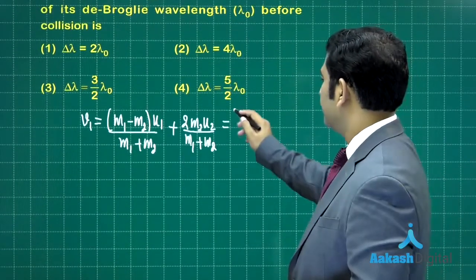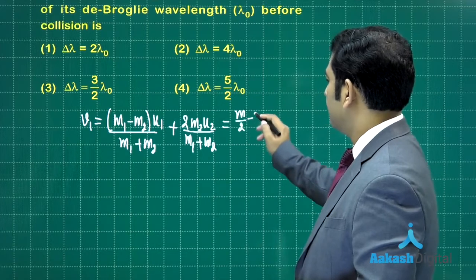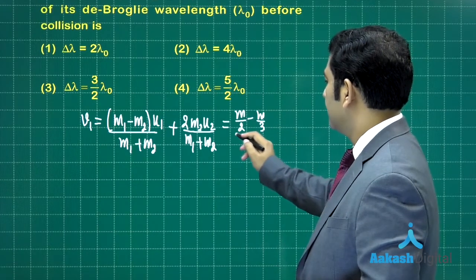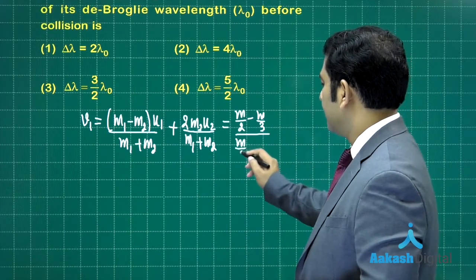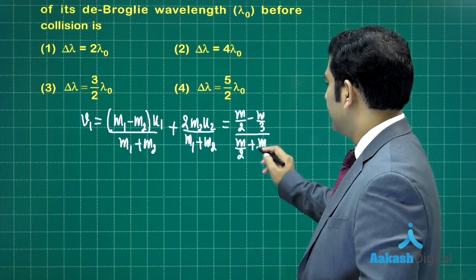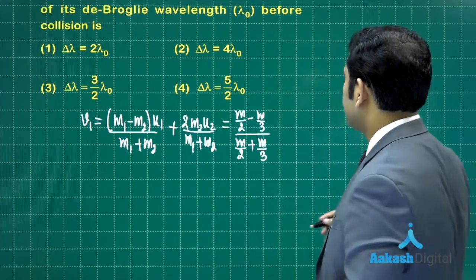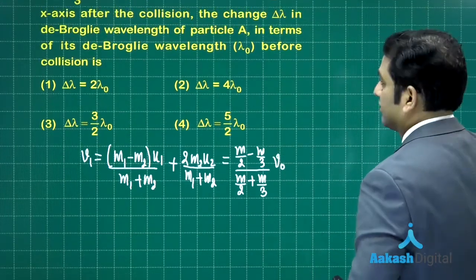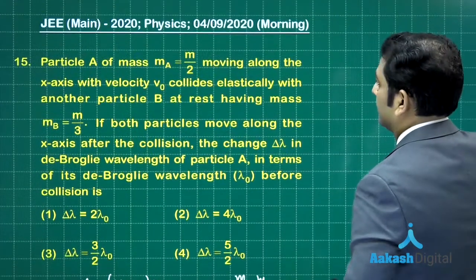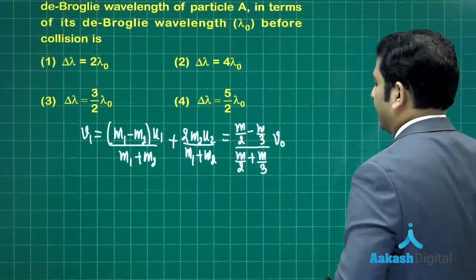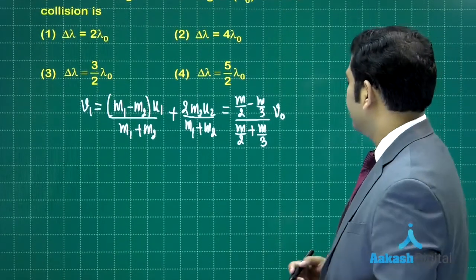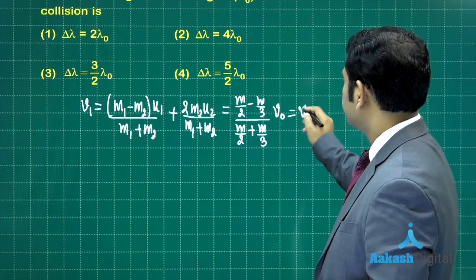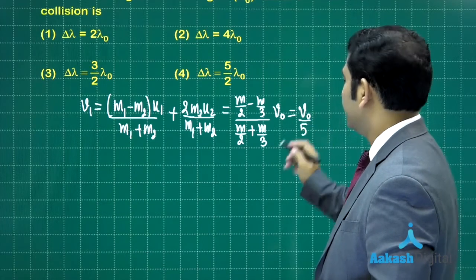So this is going to be (m by 2 minus m by 3) divided by (m by 2 plus m by 3), and the initial velocity, that's v0. Let's see how it is represented. Okay, that's fine. Now how much will this value be? This is going to be v0 by 5.